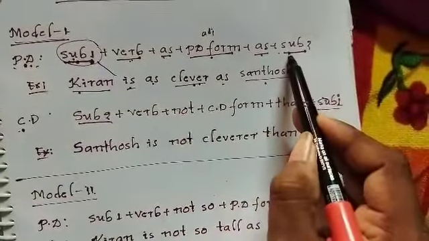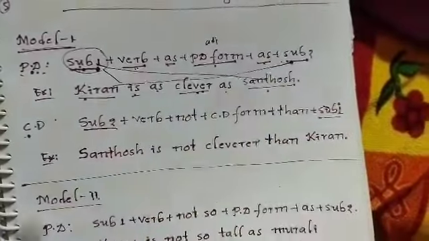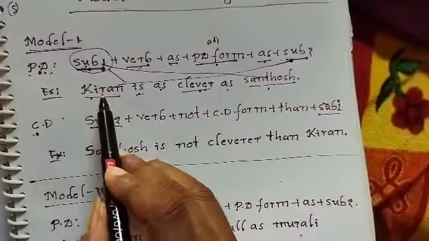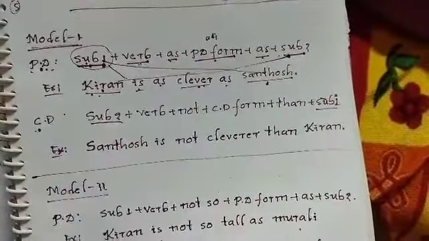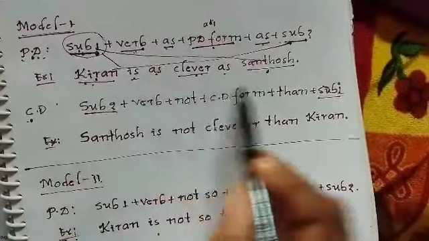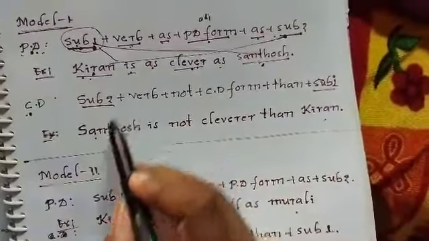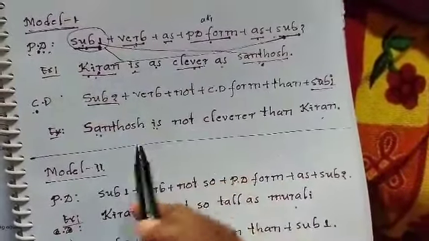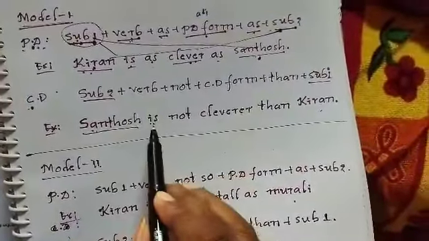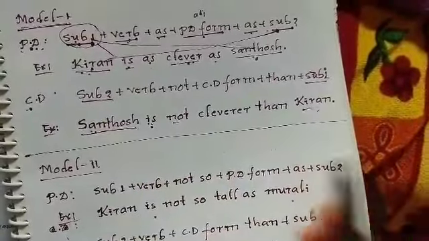Kiran will be written in subject 2's place, Santosh in subject 1's place. Verb as it is, and in between we add the comparative: Santosh is not cleverer than Kiran.